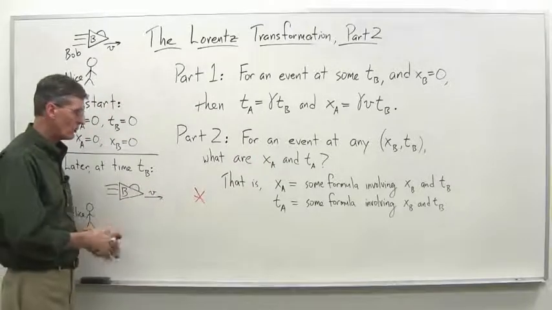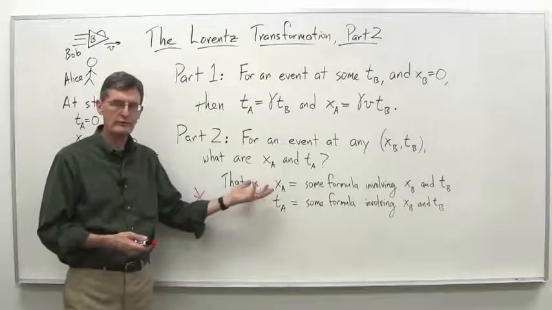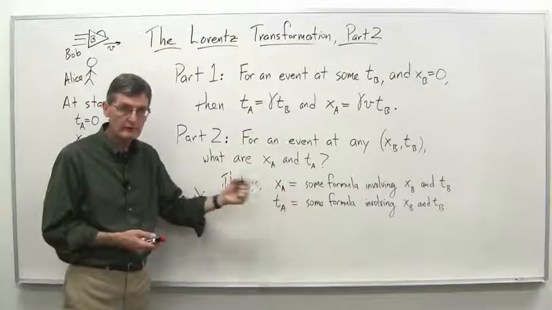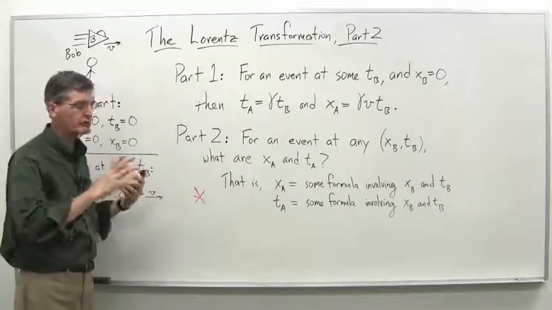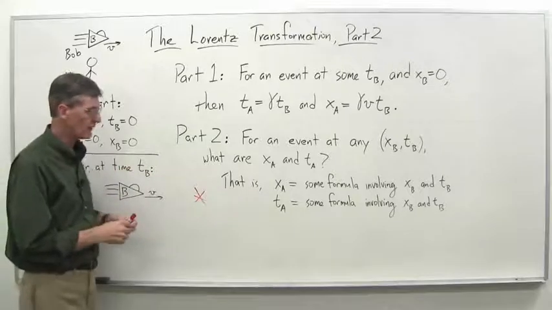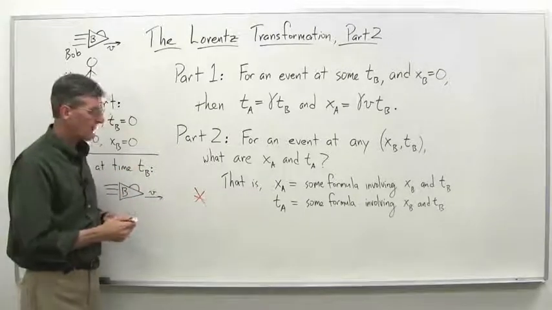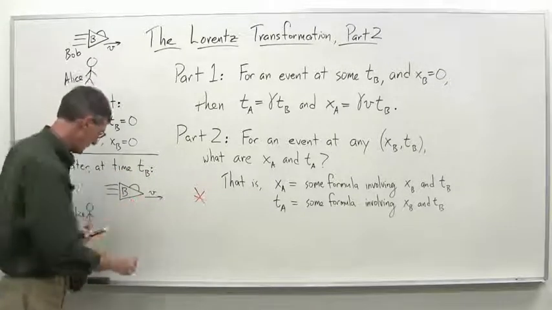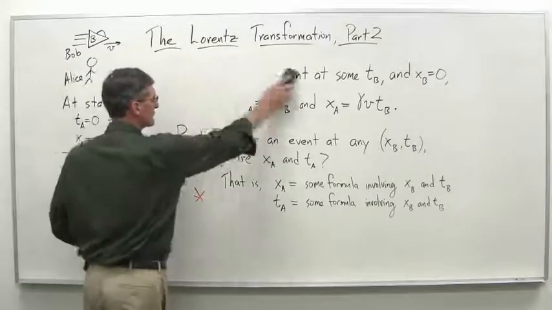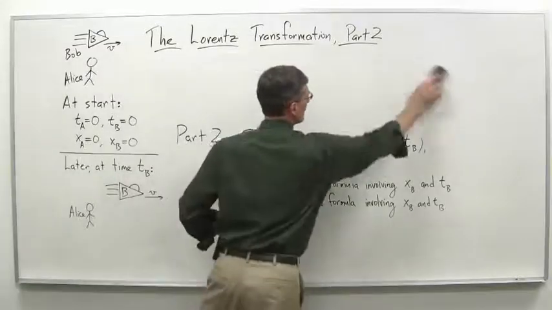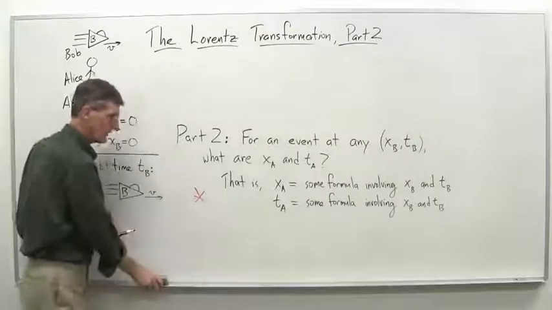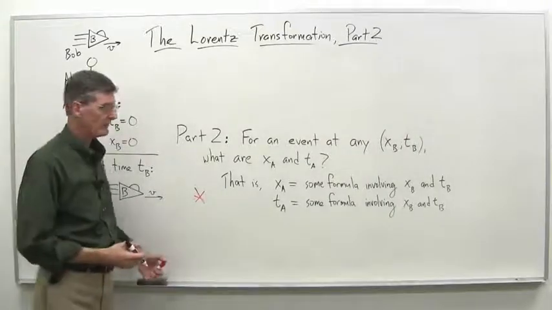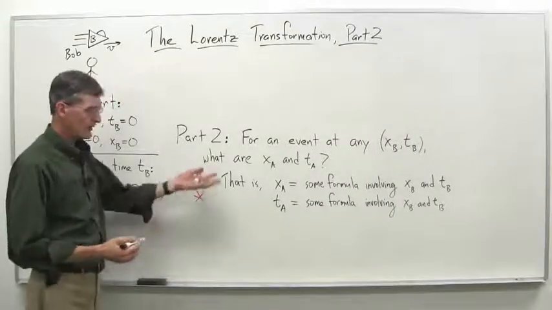And so we have to figure out some formula. Couldn't there be an infinite number of formulas that might apply here? We'd like to put some restrictions on what we're looking for. Just to give you a couple of examples of restrictions: we're not looking for just an infinite number of formulas, we have to sort through and figure this out. First of all, let's say we had a formula like this.